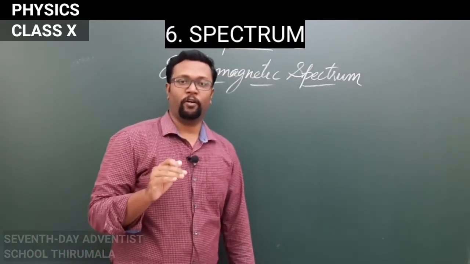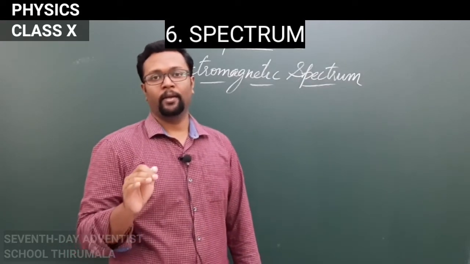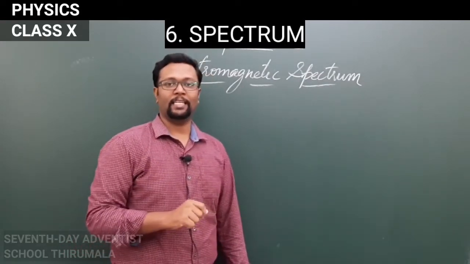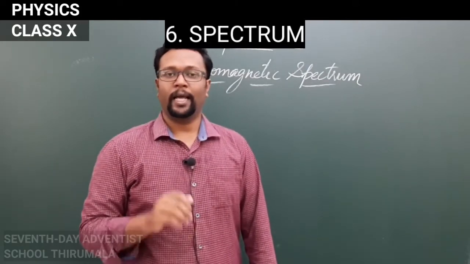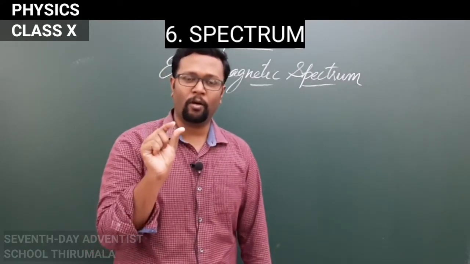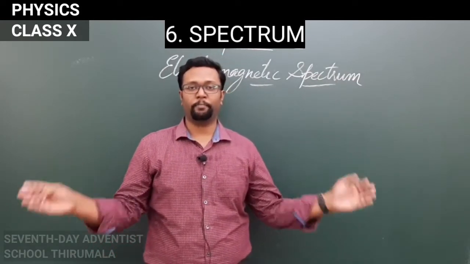Light ray actually falls into the category of electromagnetic waves. They are composed of electrical and magnetic disturbances like transverse waves. Actually, light forms a very small part in the vast electromagnetic spectrum.